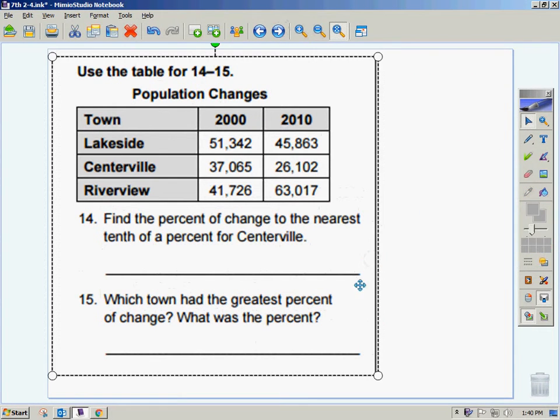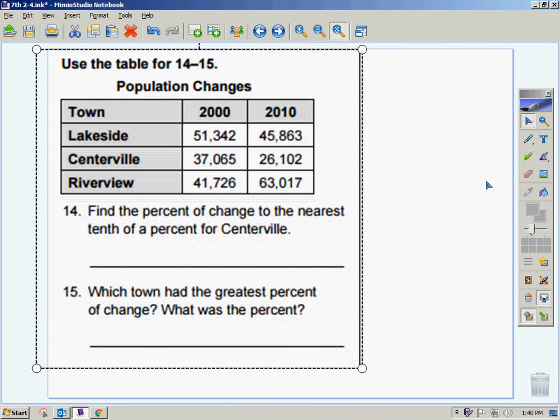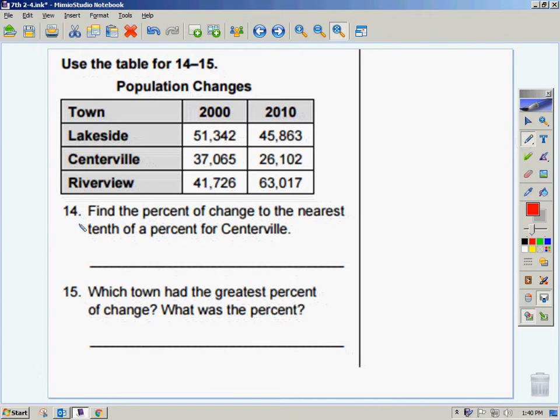14 and 15 use the same table. Number 14 says find the percent of change. Remember, percent of change is just a formula. It's equal to the amount of change divided by the original amount.